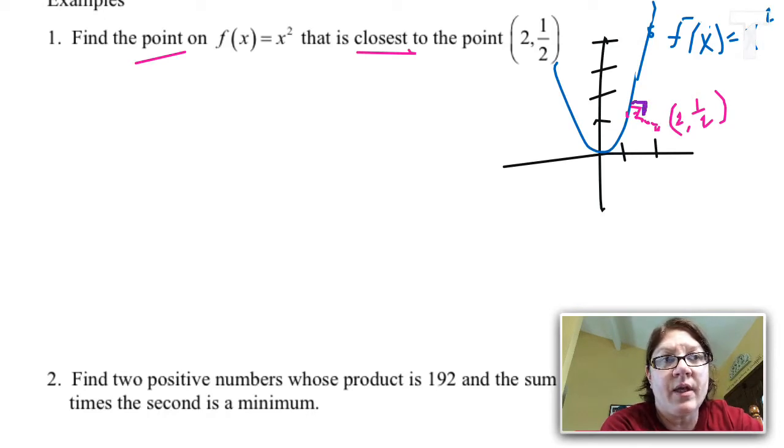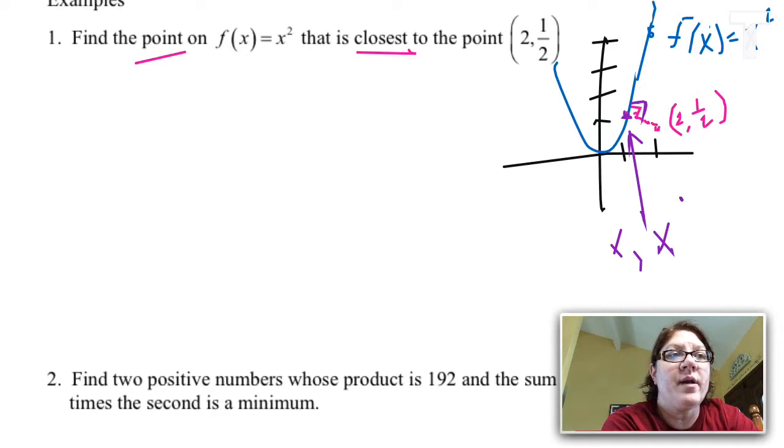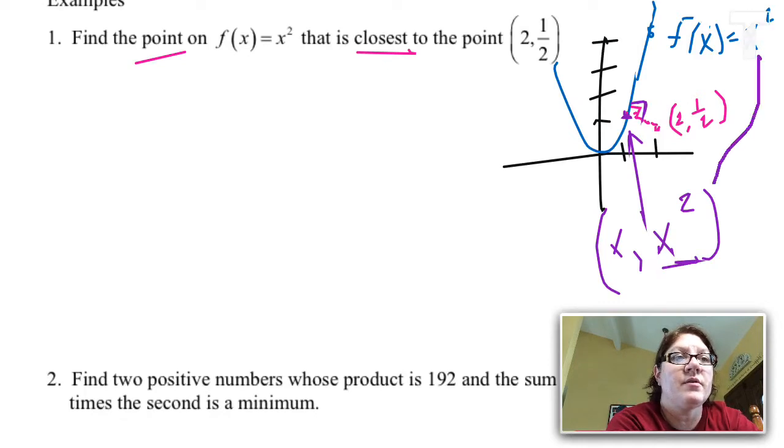That's the purpose of that, to show that my line is in fact perpendicular. So now here's what I know. On that parabola, that point is x comma x squared, because the y value is x squared.